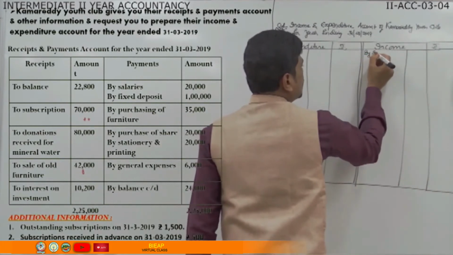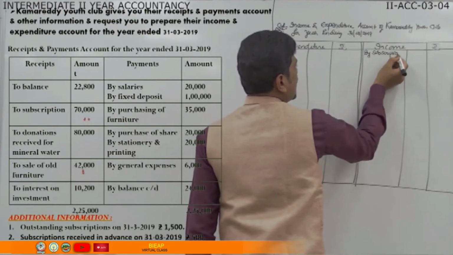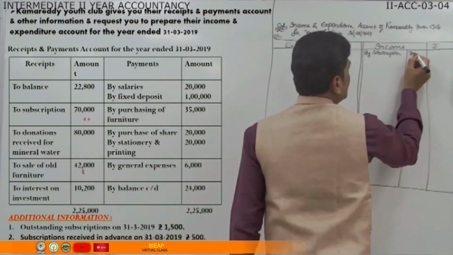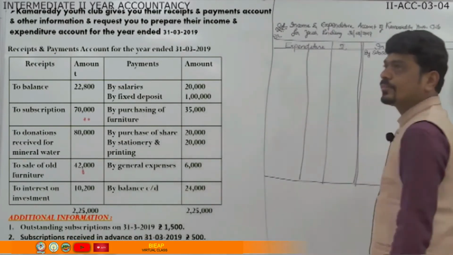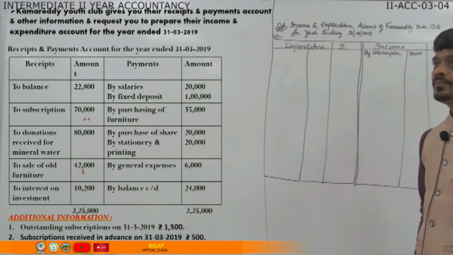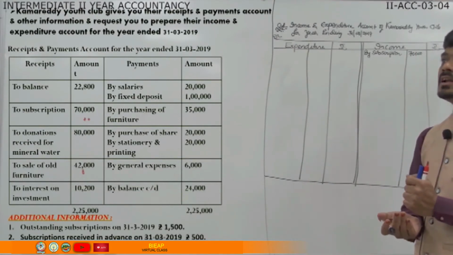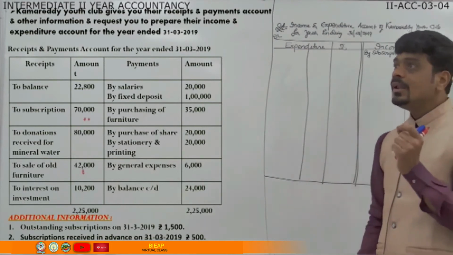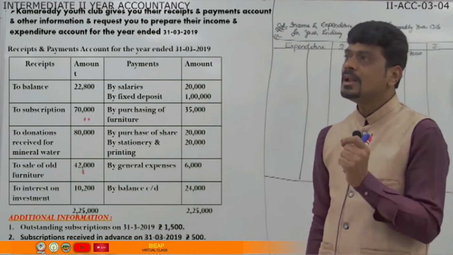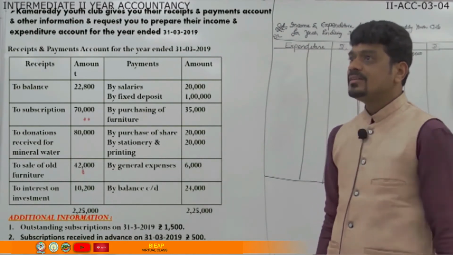So by subscription, in the inner column I am writing, by subscription, amount is 70,000. I wrote it in the inner column, and here there are two adjustments, so keep in mind. Then second, they gave donation for mineral water. Specifically, they said the donation is for mineral water, which will not come. Donation is a capital receipt.